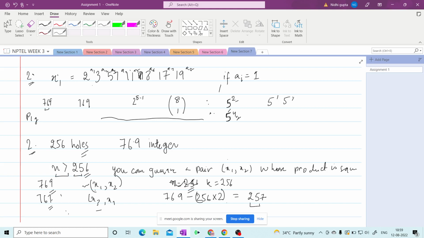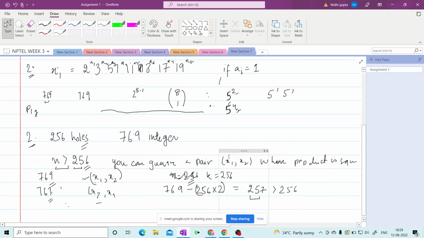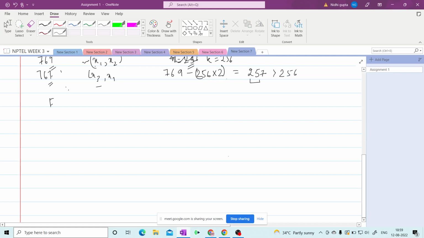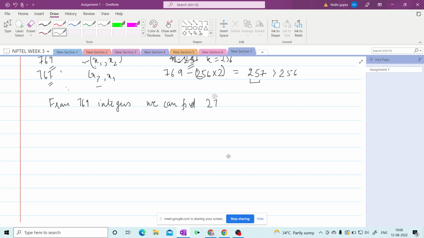Since that is also greater than 256, we can keep finding pairs. So from 769 integers, we can find 257 pairs of integers.